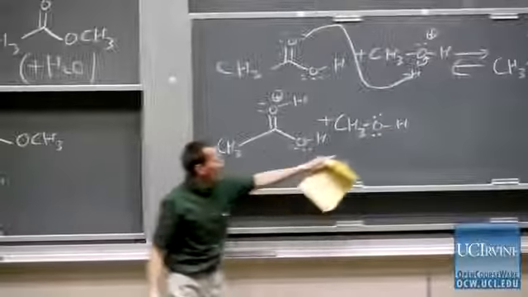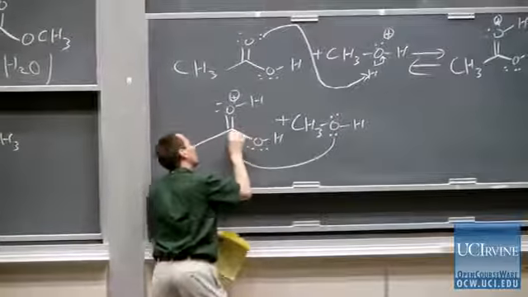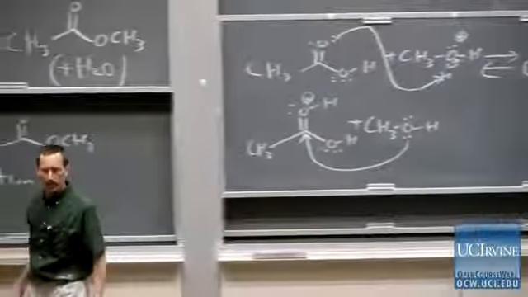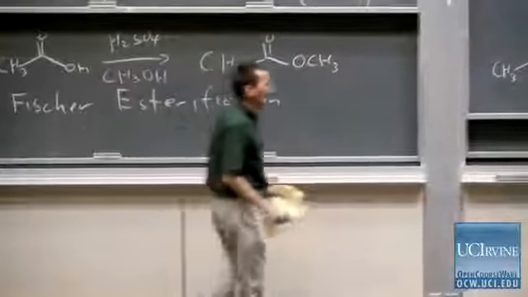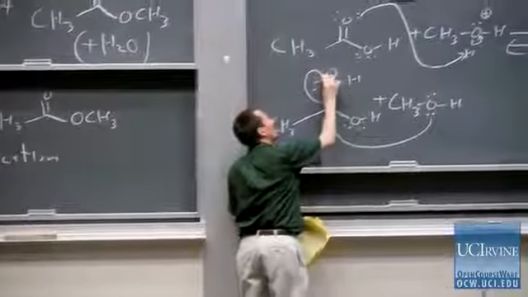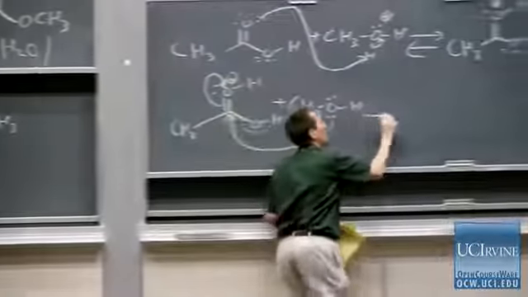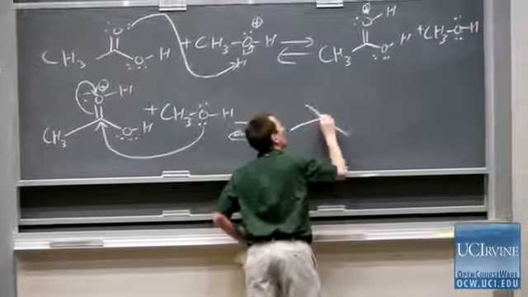Electrons flow from the lone pair on methanol to the carbonyl carbon atom. We start to form a bond, but concurrently, because we can't have 10 electrons around the carbon, electrons flow up onto the oxygen atom.